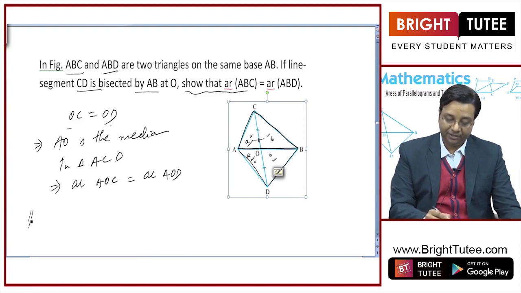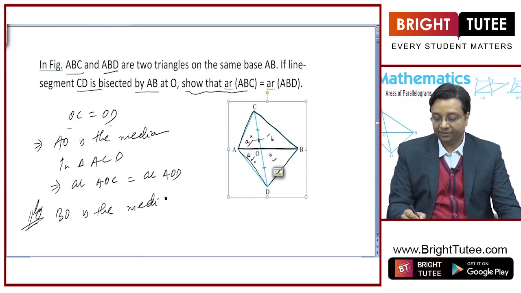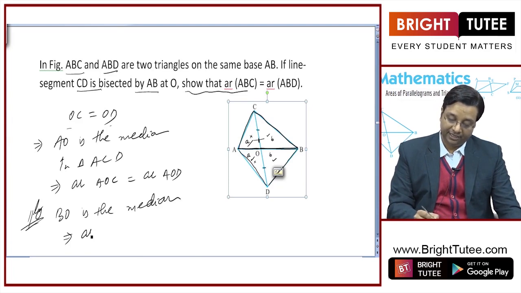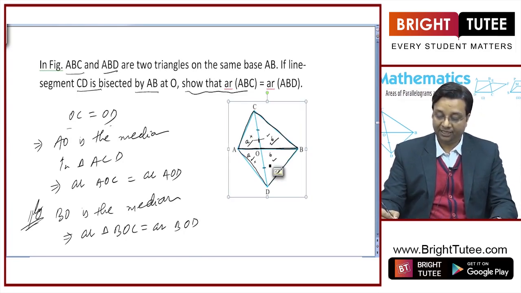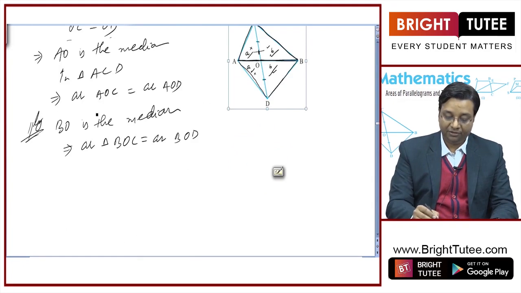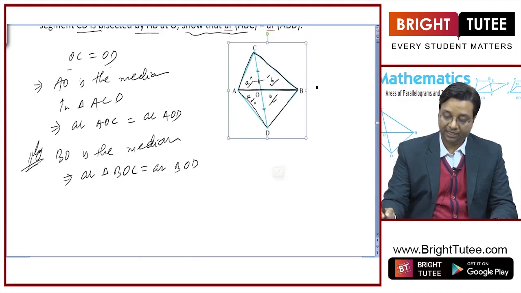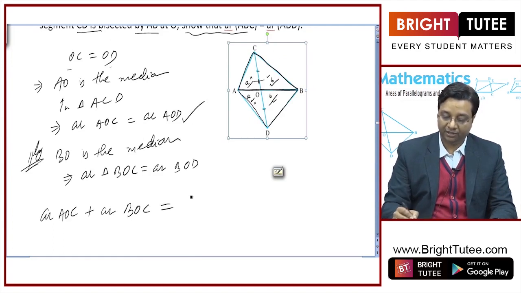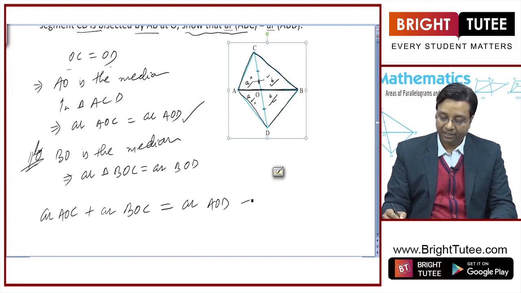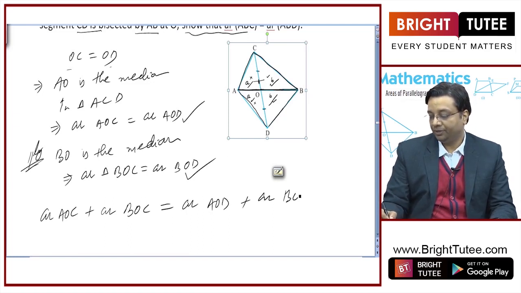Similarly, BO is the median, hence I can say area of triangle BOC is equal to area of triangle BOD, which I have taken as small b. Now if I add these, area of AOC plus area of BOC will be equal to area of AOD plus area of BOD.